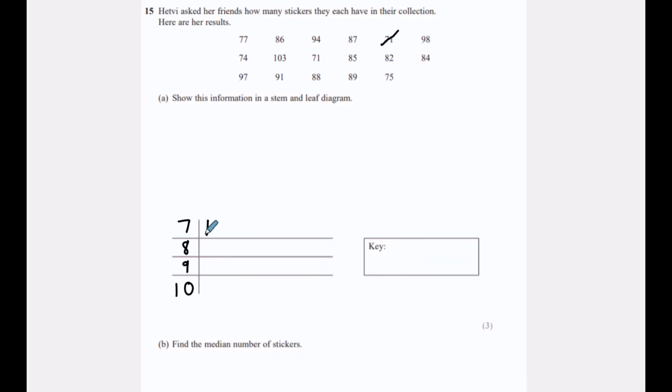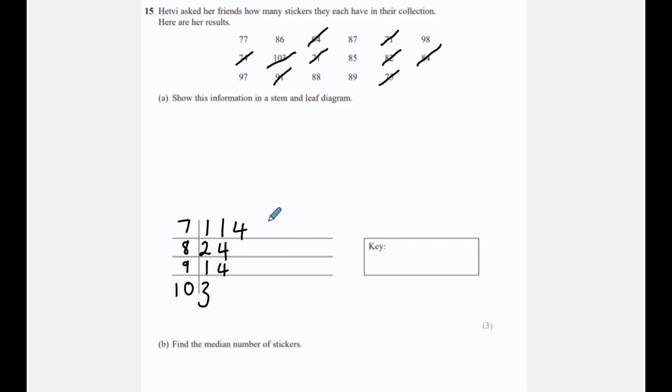71, 91. No more ones, so twos. We've got 82. Can't see any more twos. Threes, 103. Fours, 84, 94, 74.